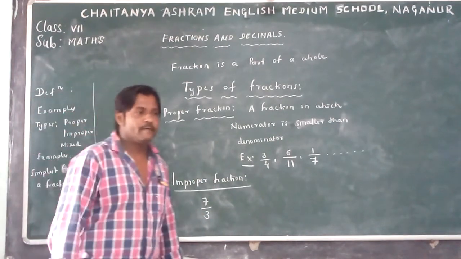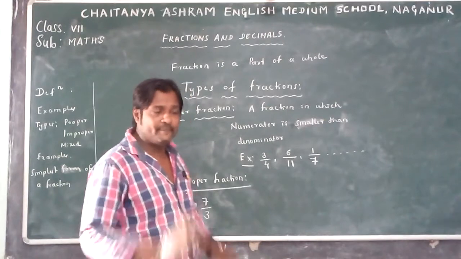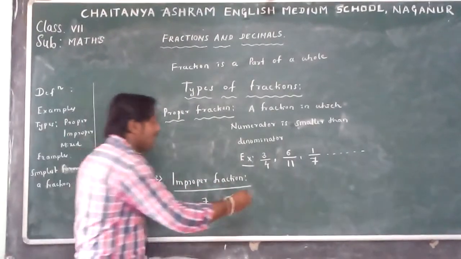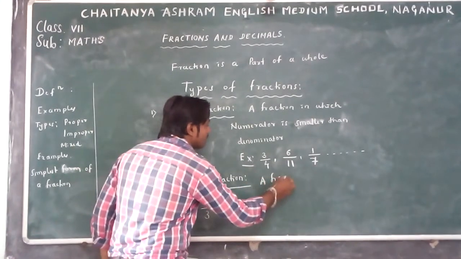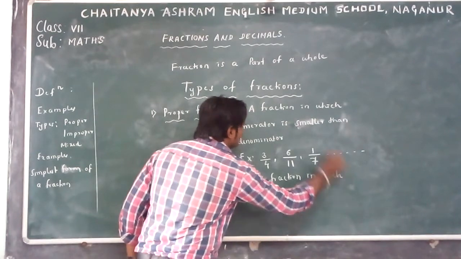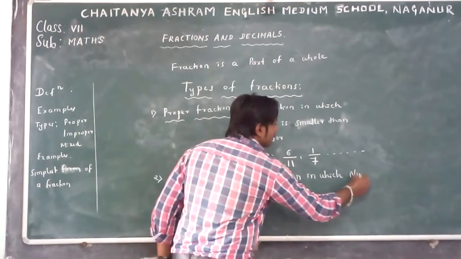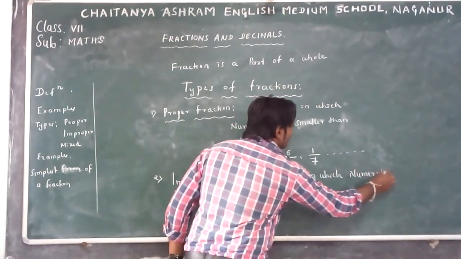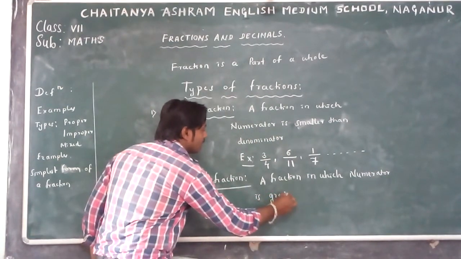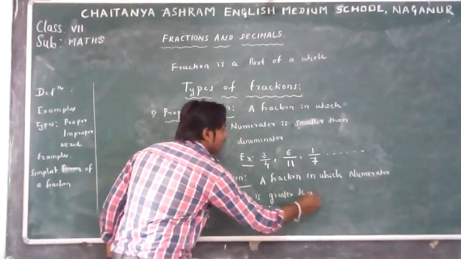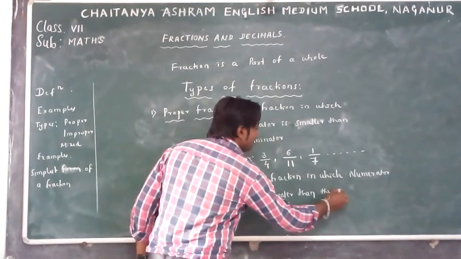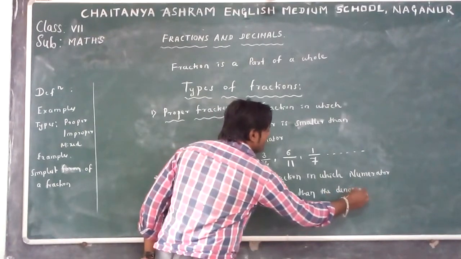Now we are going to define what is improper fraction. A fraction in which numerator is greater than the denominator.